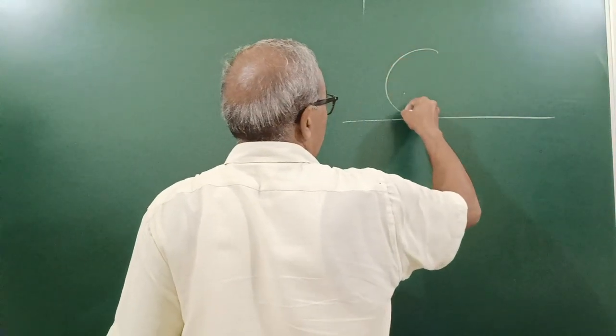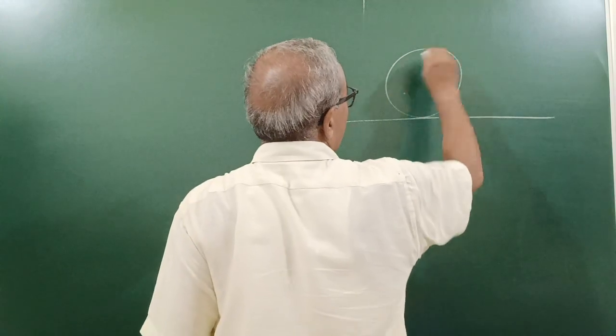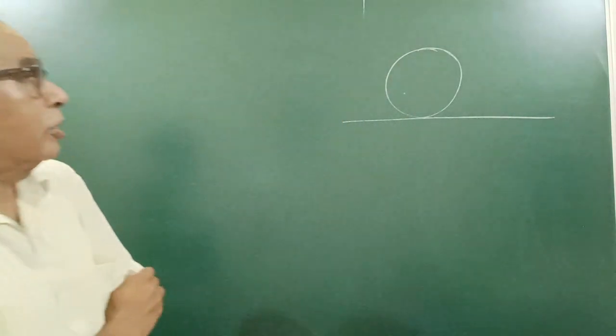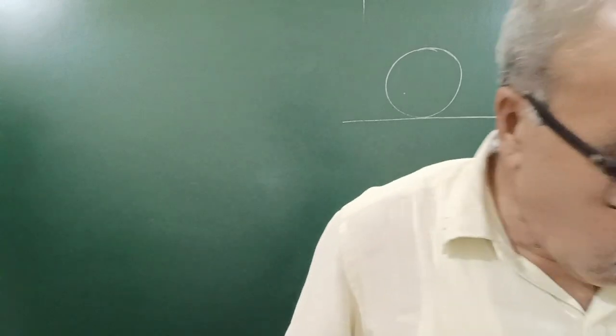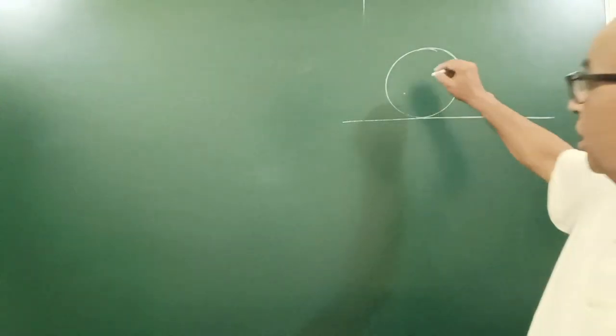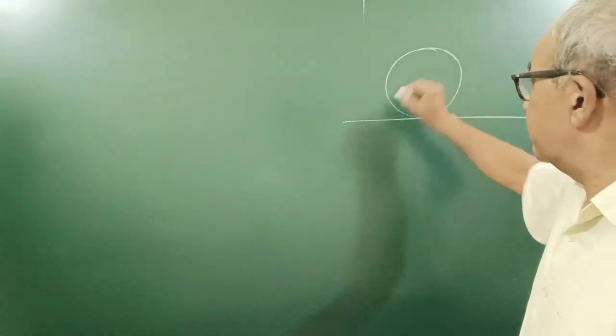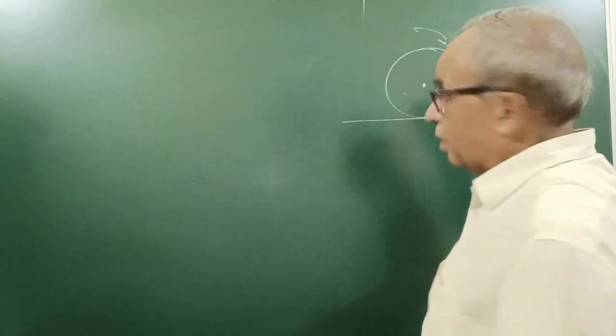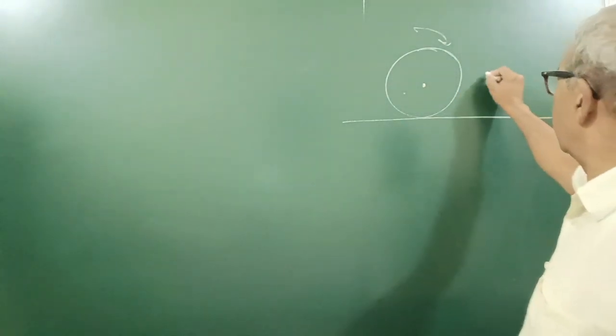Here is a rotating body like a disc, or it may be a cylinder, but the cross section is circular. Here a disc is rotating about its axis, which passes through the center. An arrow V is shown like this.